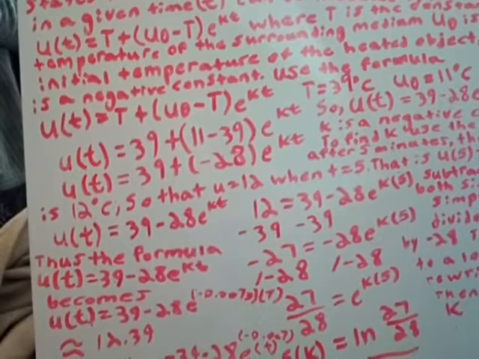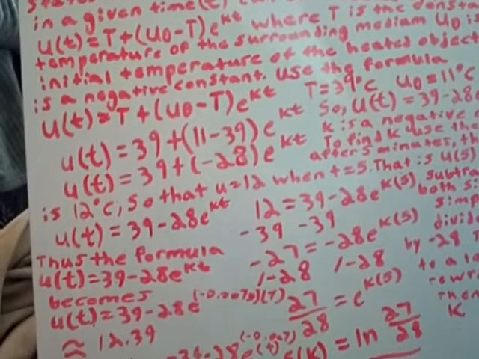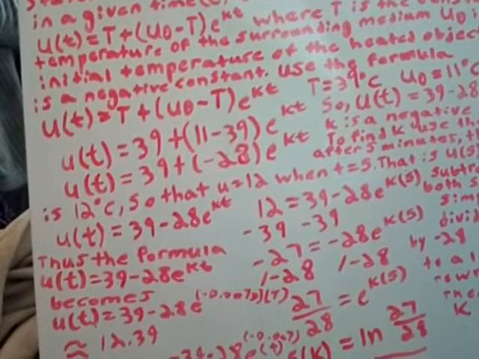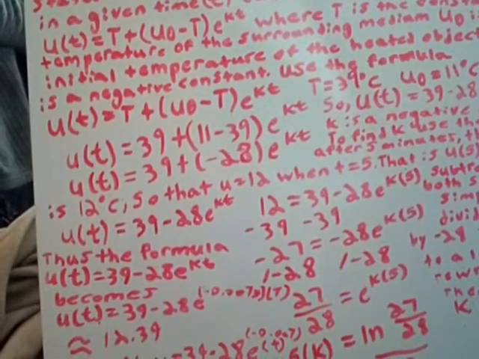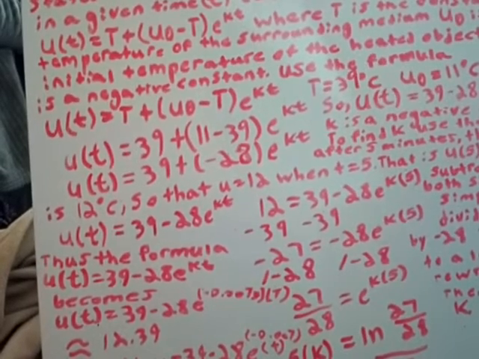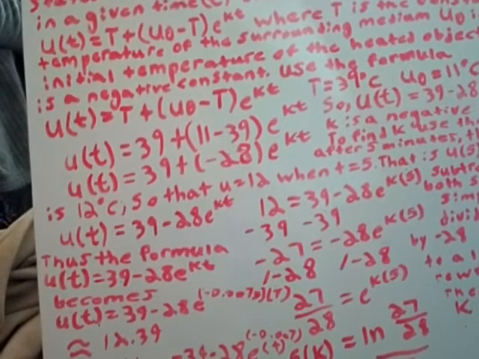In other words, the final temperature is found by figuring out k and then inputting values for t to get U(t). So first I have to solve for k.